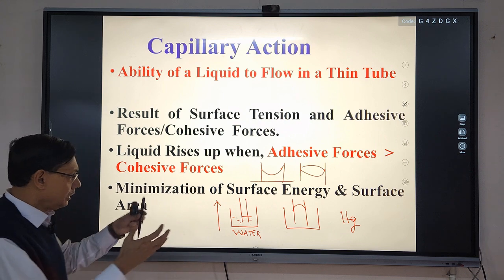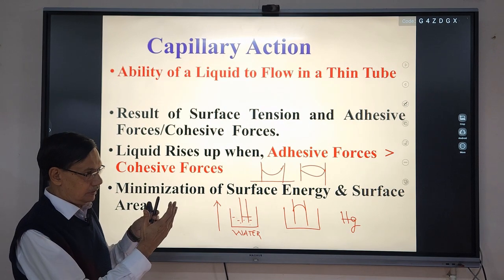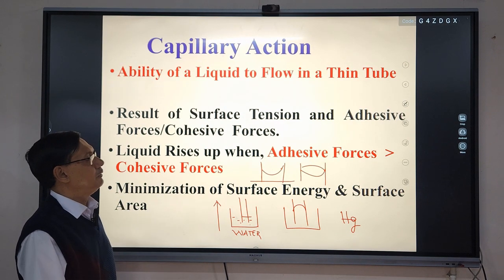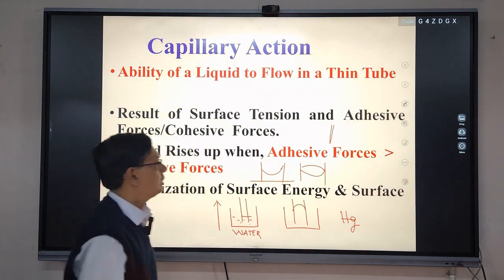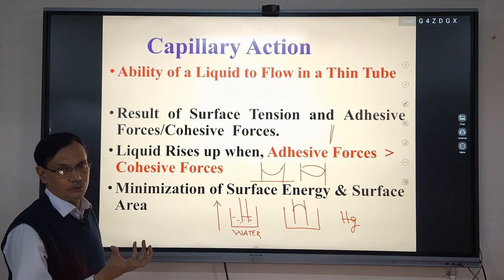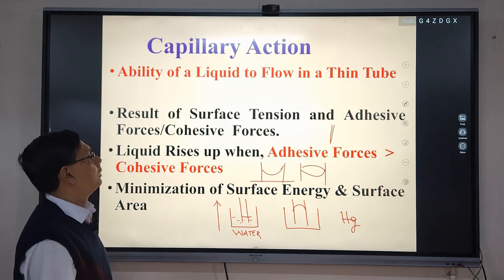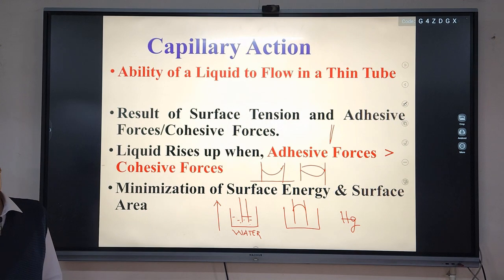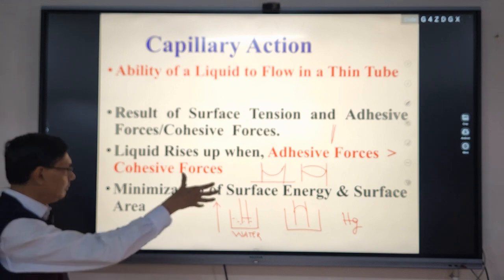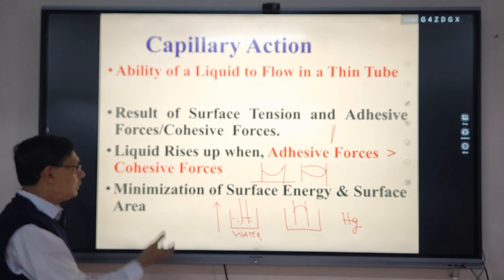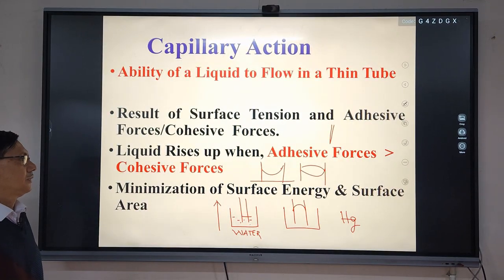Now, the fundamental rule is this: the molecular attraction between the molecules and the wall of the tube is called the adhesive force, and the interaction between similar molecules is called the cohesive force. So for normal water, if the adhesive force is greater than the cohesive force, there is a rise in liquid.